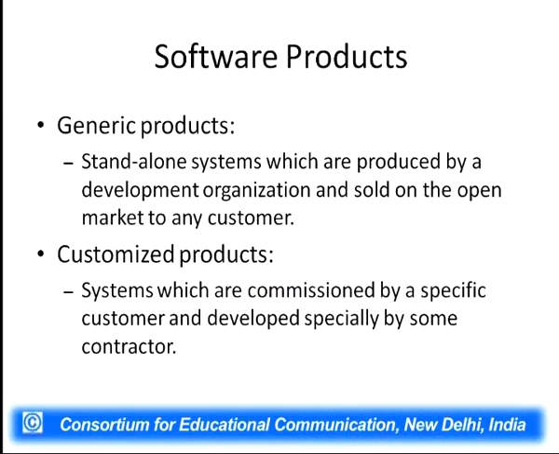The next category of software products, which are also very popular these days, are customized products. These are systems which are commissioned by a specific customer and developed specifically by some contractor. They are built according to the very specific needs of a particular client, a company or an institution, and will meet those requirements.